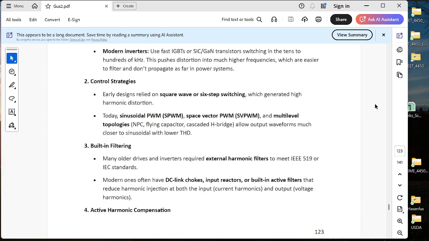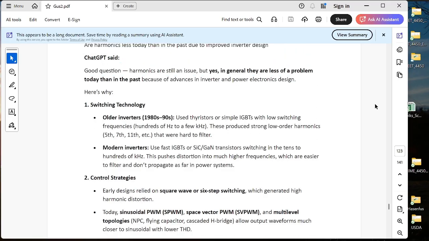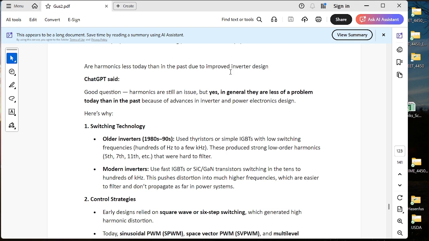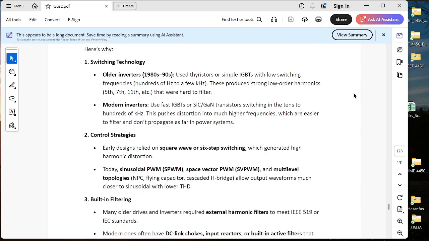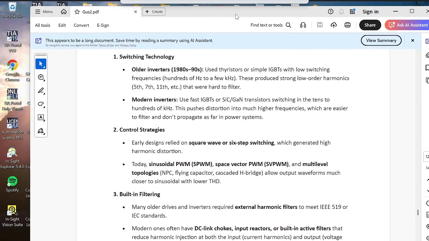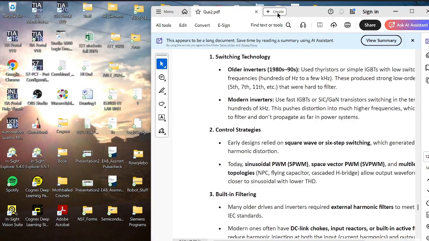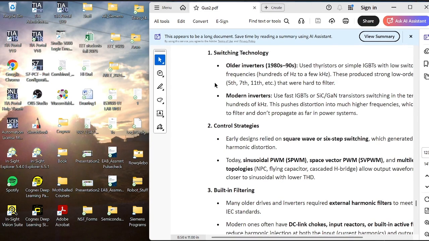This is what I asked about, and I talked to you about this the other day. I asked ChatGPT, are harmonics less today than in the past due to improved inverter design? And it said yes, in general they are, because in the olden times they had what they called 6-step inverters, and the modern inverter does not work that way.